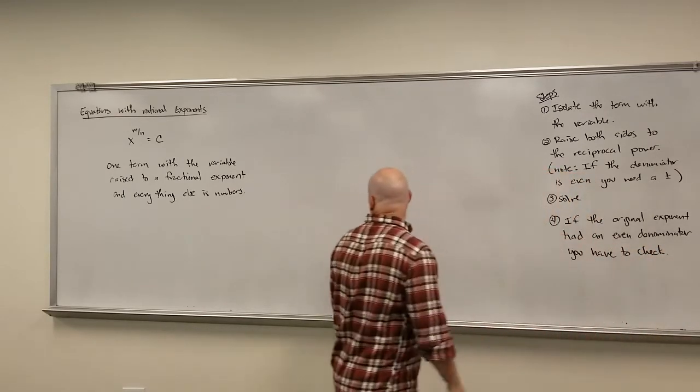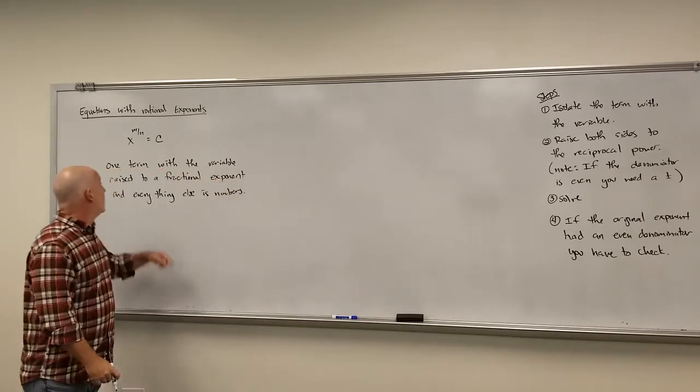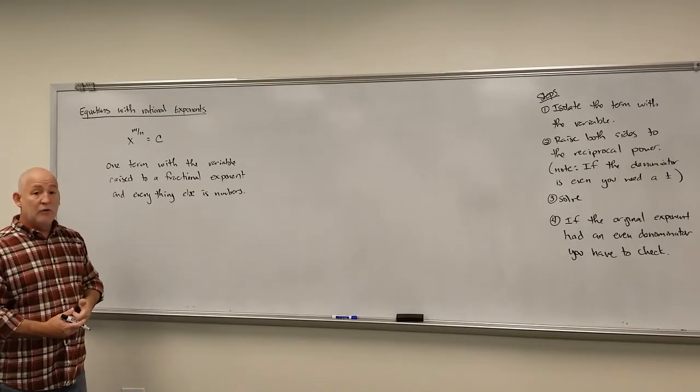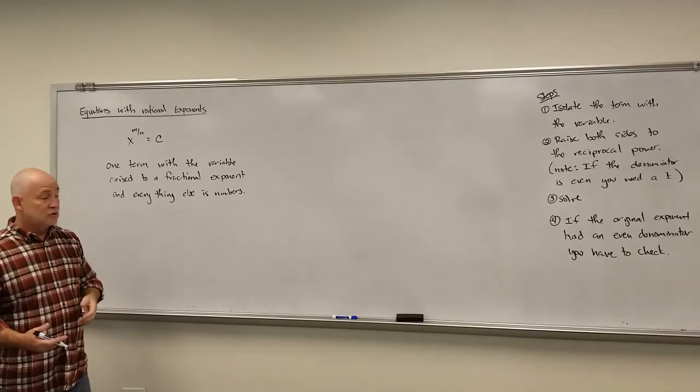So just like before, remember a fractional exponent is a power over a root, so technically these are radical problems, and we know if we have an even root radical, we have to check our answers.